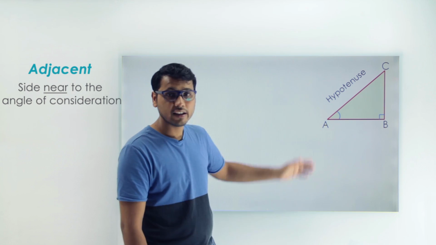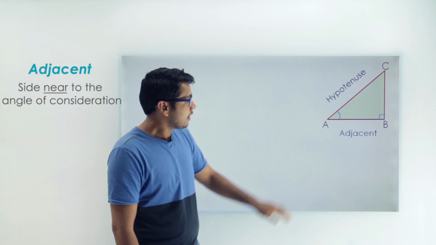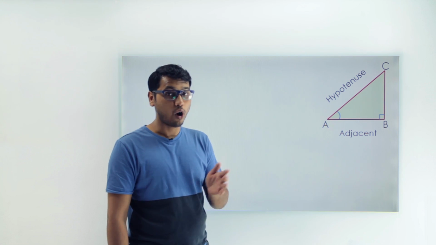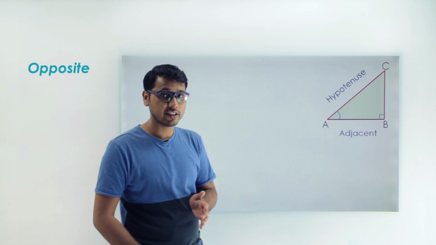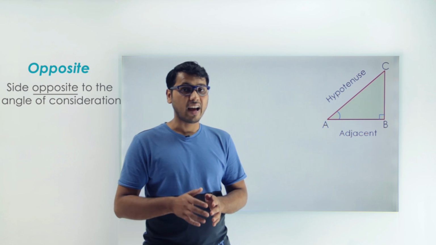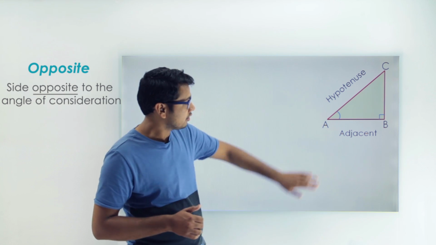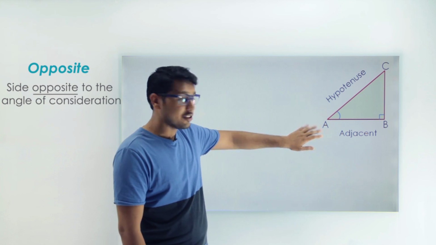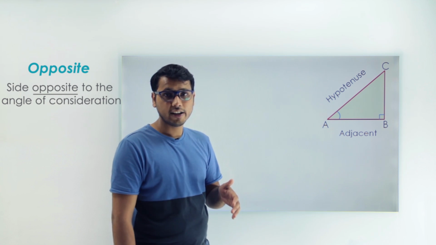Since angle A is being considered, AB will be our adjacent, and opposite will be the side which is opposite to the angle which is considered. Since we are considering angle A, can you tell me which side is opposite to angle A?